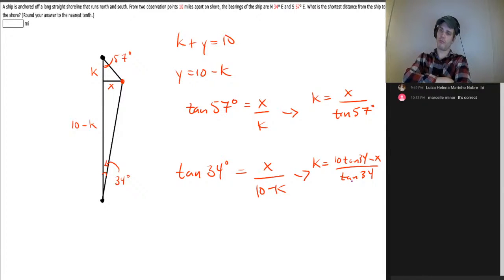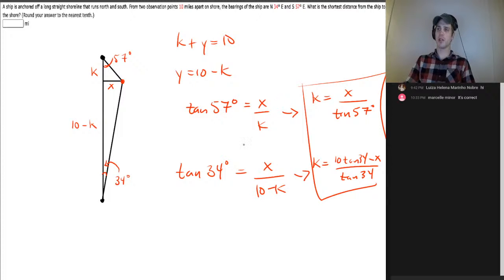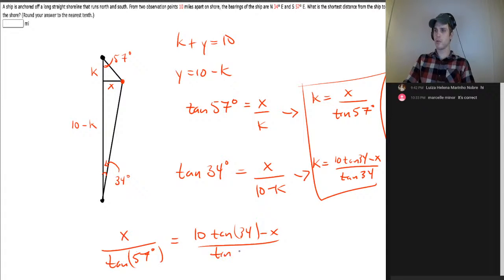So boom. Now I can set these two equal to each other, since they're both equal to K. So X over the tangent of 57 degrees is equal to 10 tan 34 minus X over tan 34.